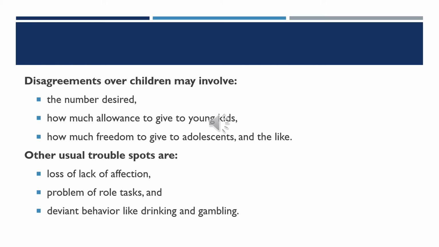So diyan nagkakaroon ng conflict. Pangatlo, deviant behavior like drinking and gambling. So may mga nakikita tayong ganyan. Mabisyo, halimbawa, wala na ang trabaho, may bisyo pa, nag-iinom pa, nagsusugal pa.